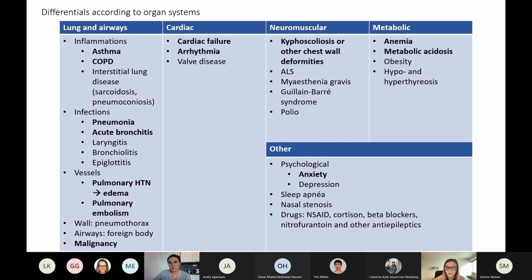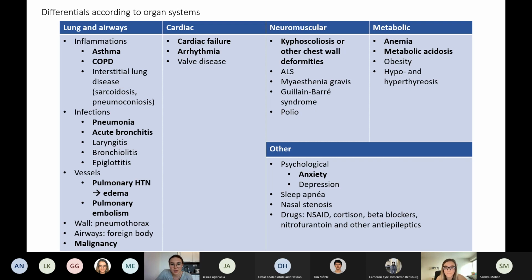As Dorthe was saying, the acidosis, so the increase in H+ ions, will stimulate the chemoreceptors and lead to dyspnea. And others could be, for example, psychologic, such as anxiety, which is quite common, and depression, sleep apnea. And then there are drugs such as NSAIDs, cortisone, beta blockers, and anti-epileptics.